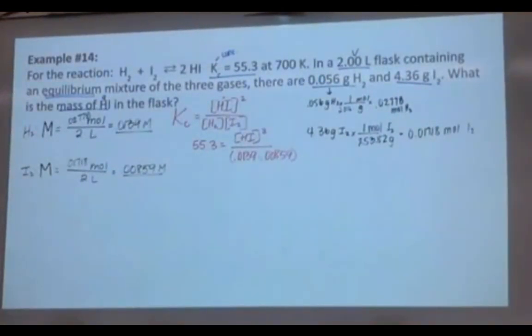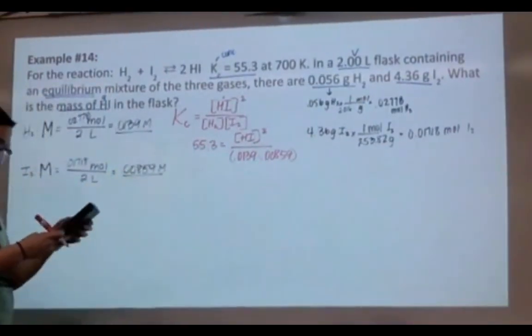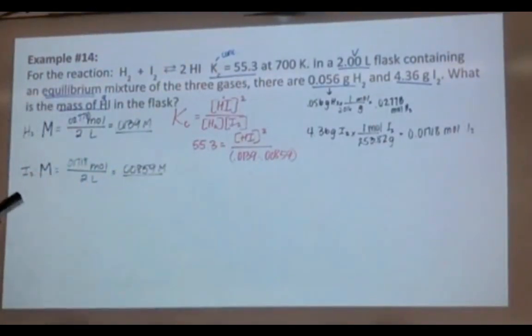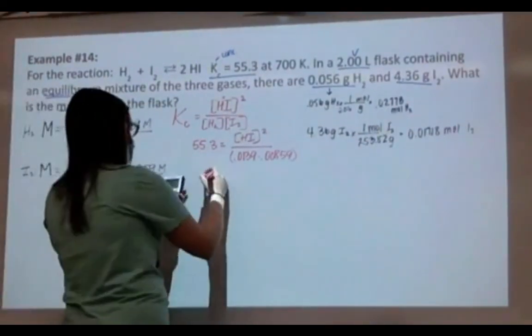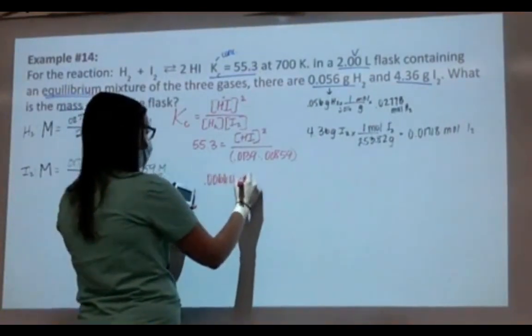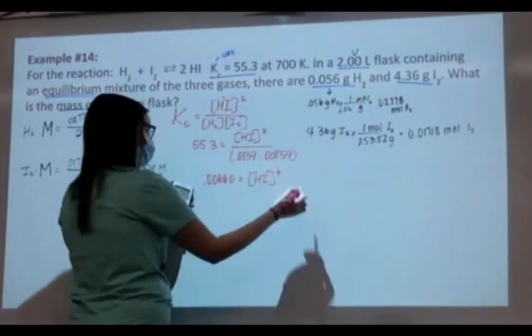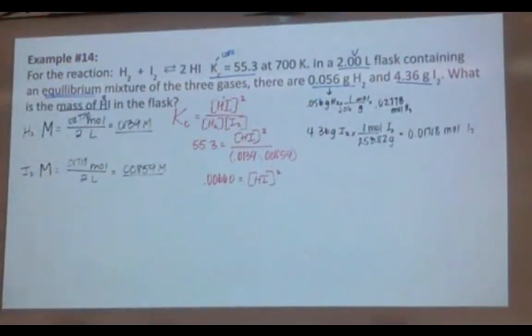So the first thing I'm going to do is multiply what's on the bottom over to this side. 0.0139 times 0.00859 times 55.3 is 0.00660, which equals the concentration of HI squared.